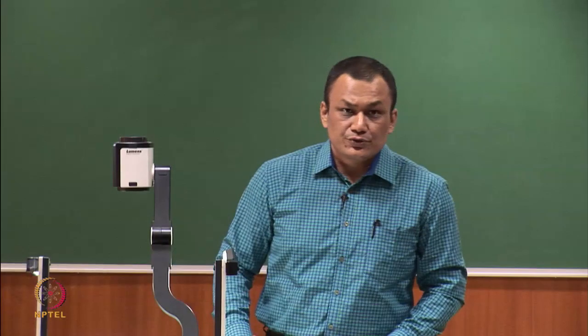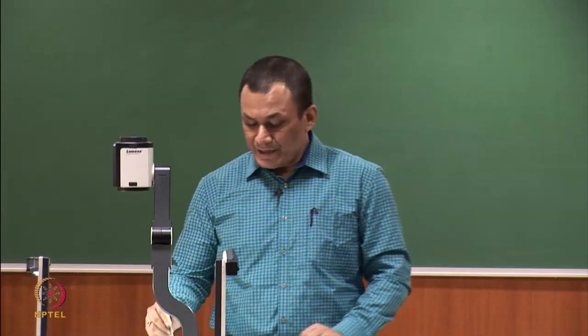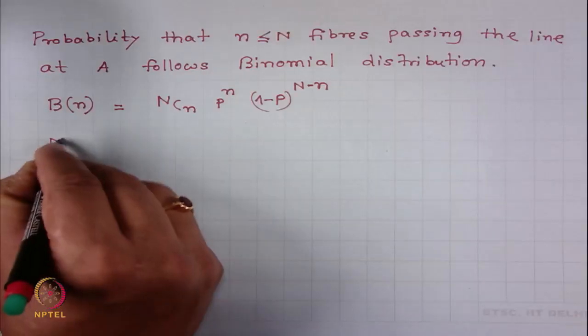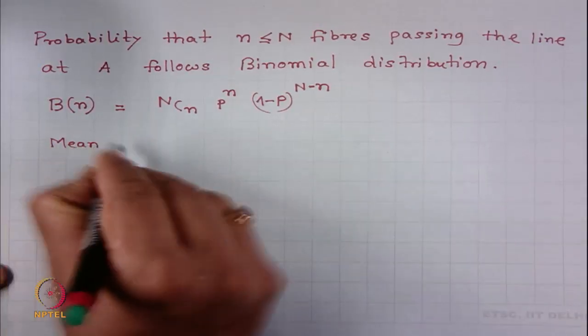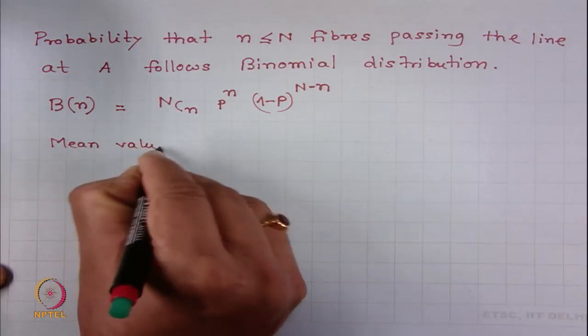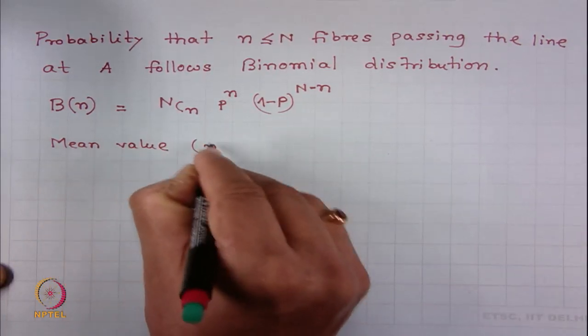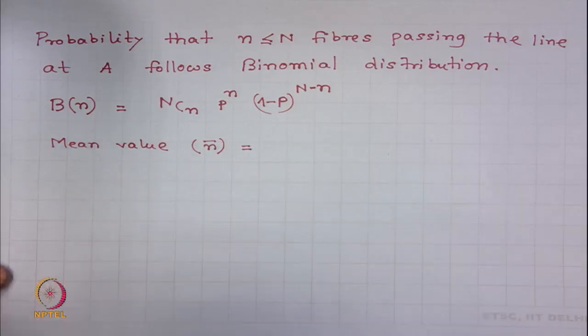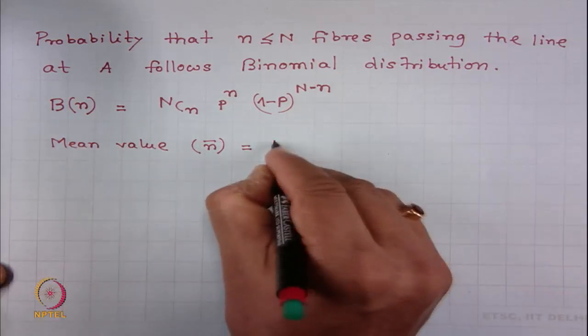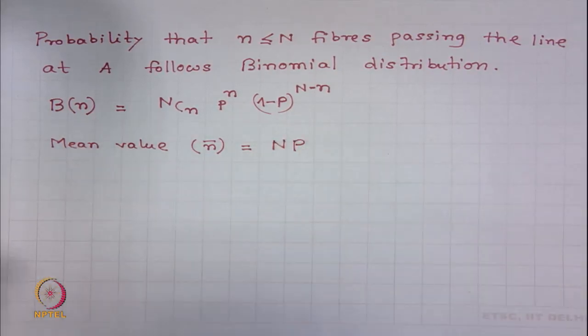This binomial distribution has certain parameters, for example, mean value, small n bar, is capital N into P, right.